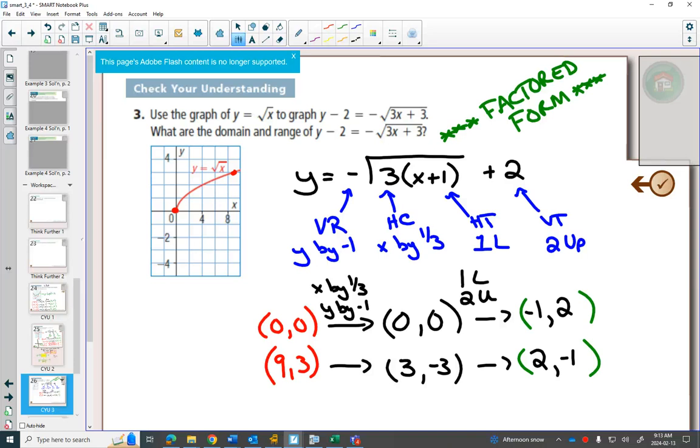I wanted to make those in green. On my graph, -1, 2 is right there.